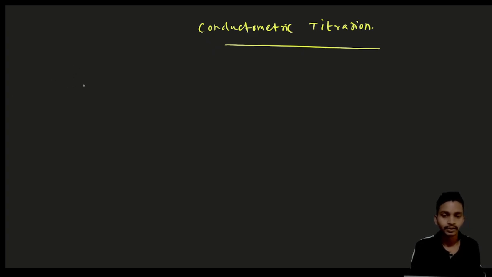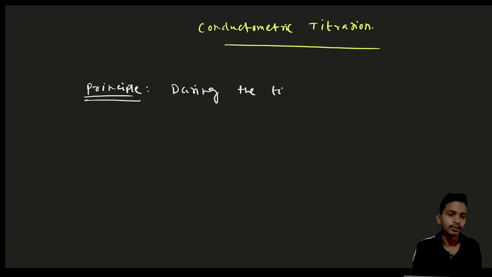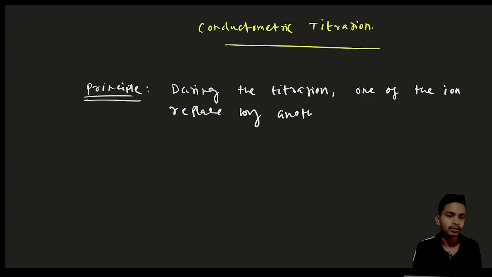The principle behind these titrations is that during the titration, one of the ions is replaced by another, and these two ions differ in their ionic conductivity.